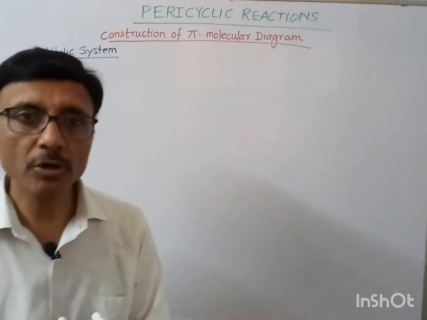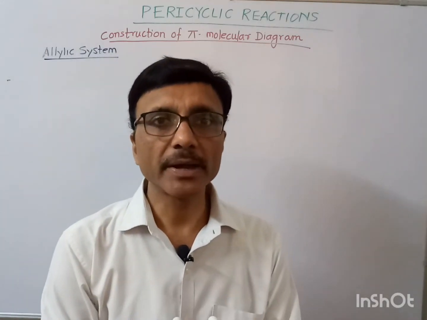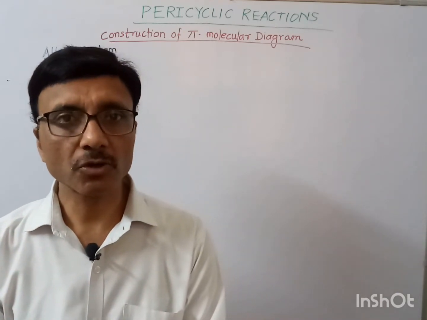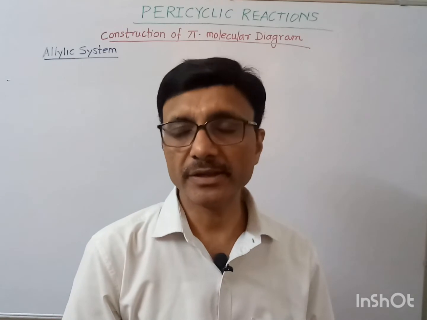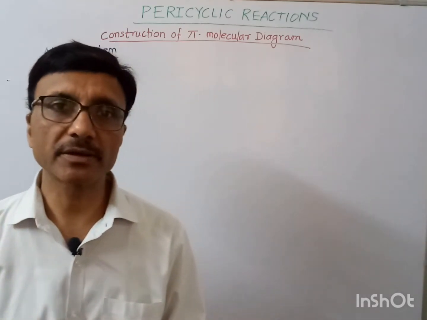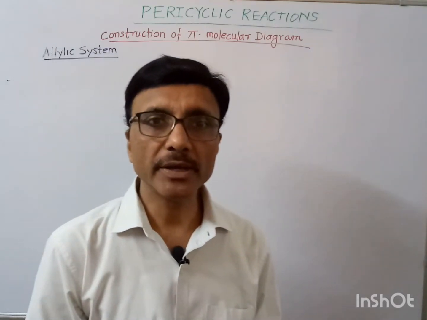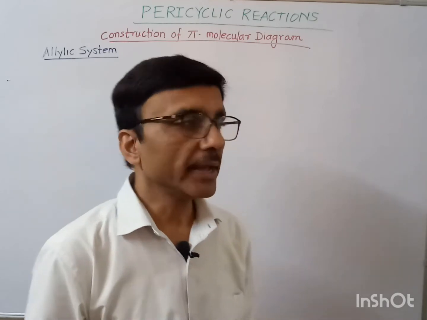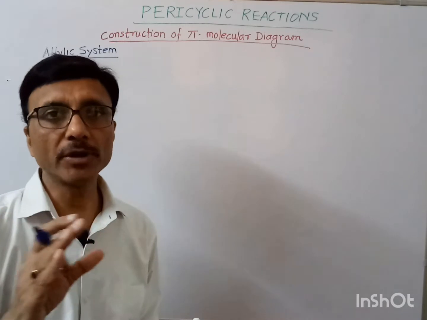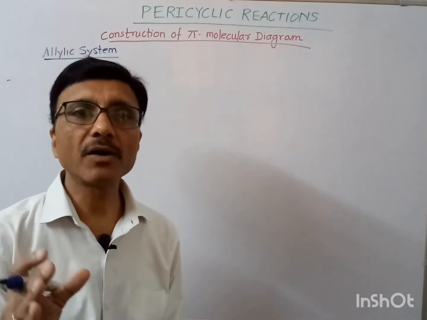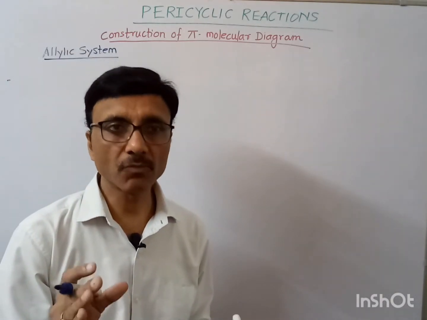If 4 atomic orbitals are there, they will combine and give you 4 molecular orbitals. And likewise, if 8 atomic orbitals are there, they will combine to give you 8 molecular orbitals. Out of that, half were bonding molecular orbitals and half were anti-bonding molecular orbitals.